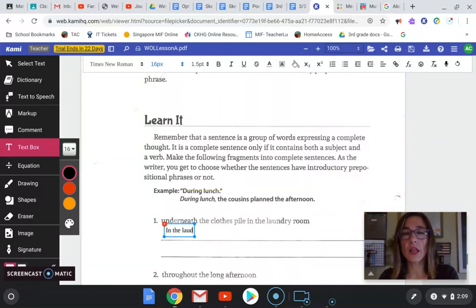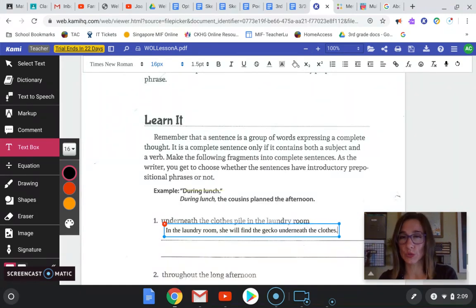In the laundry room, comma, she will find the gecko underneath the clothes. So I have my subject, I have my verb, I have my direct object in there.